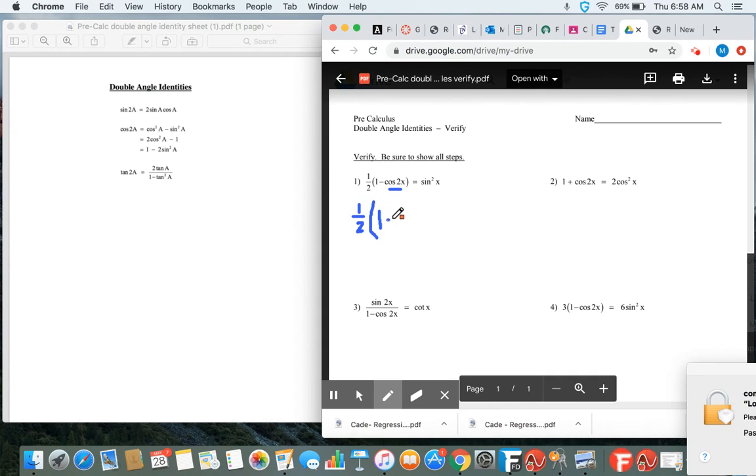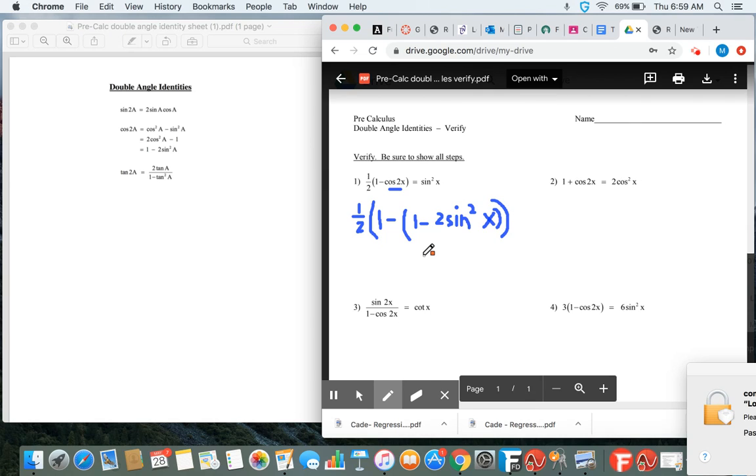So 1 minus. Now I'm going to actually substitute that in, right? Cosine 2x is the same thing as 1 minus 2 sine squared x.